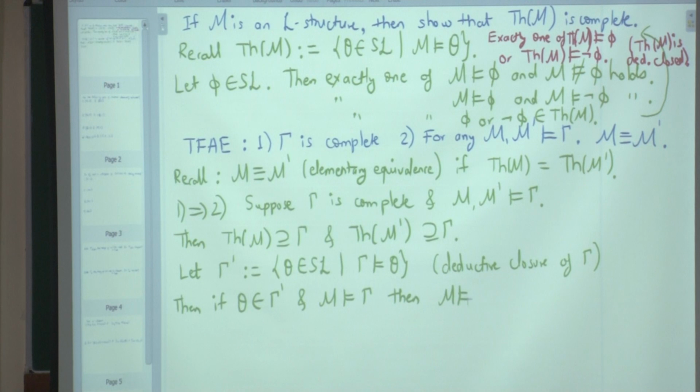Then M also satisfies theta. Yeah, because theta is a logical consequence of gamma. So just by definition, therefore, what can we conclude? That gamma prime is also contained inside theory of M.